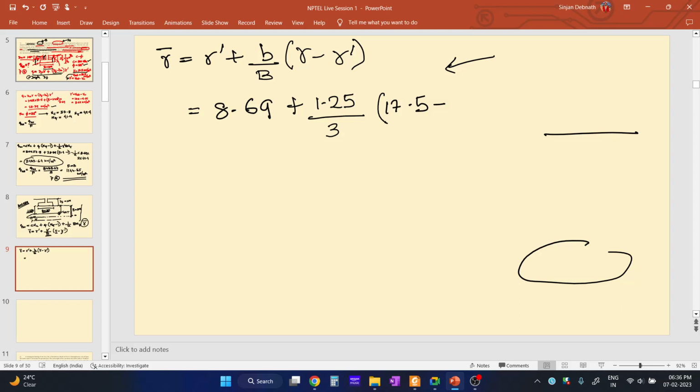So 17.5 minus the submerged unit weight, 8.69. If we calculate this, you will get gamma dash as 12.36 kilonewton per meter cube.